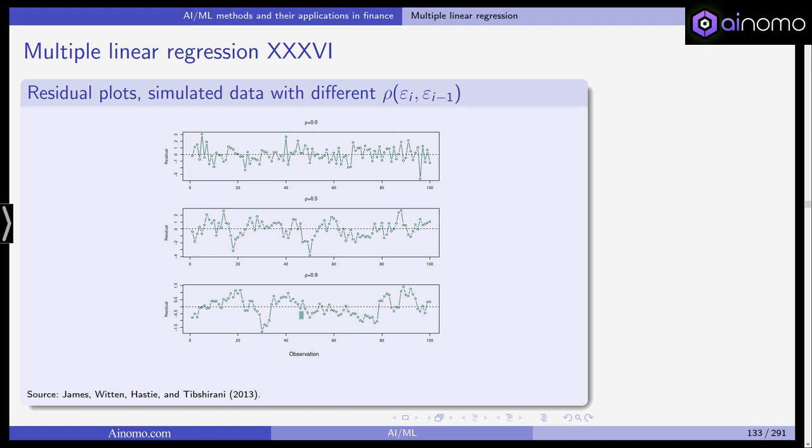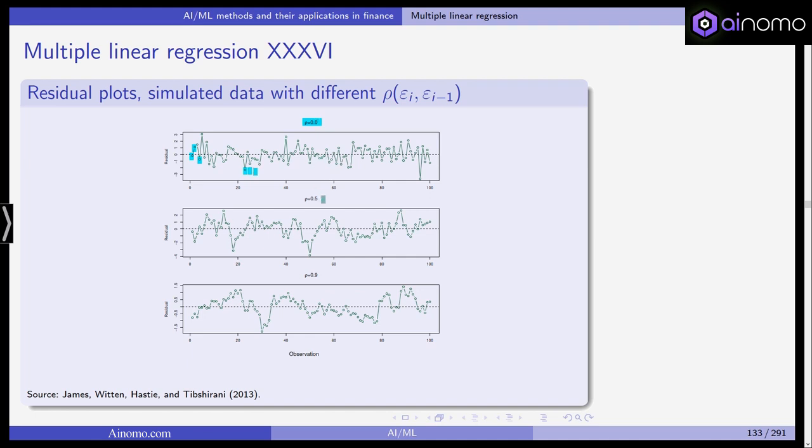Now, if we simulate data and our assumption of uncorrelated error terms is fulfilled, we have a correlation of 0, then you can see that we have a residual here, the next one can be here, can also be down. So there is no clear trend that, for example, this observation leads to another residual being here or here.